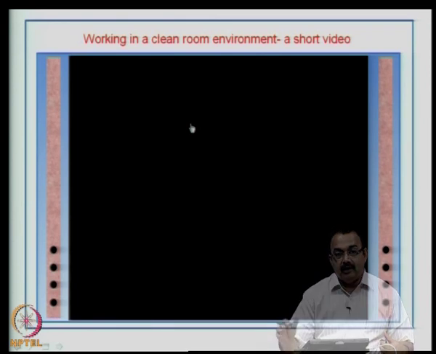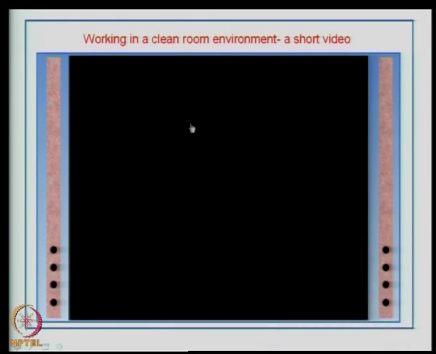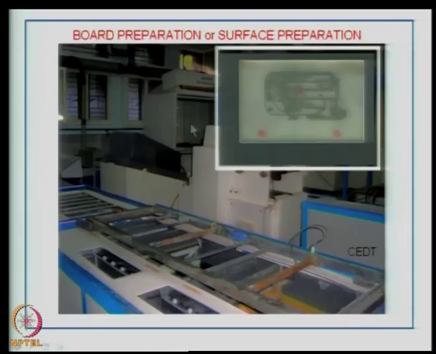So, you have a laminar flow structure, and these HEPA filters can remove all the dust from your body and from the clothing. This video has demonstrated typically how you have to enter the lab, because some of the yellow room activities, we say yellow room because some of the materials cannot be exposed to white light.